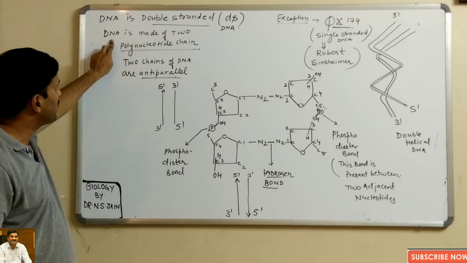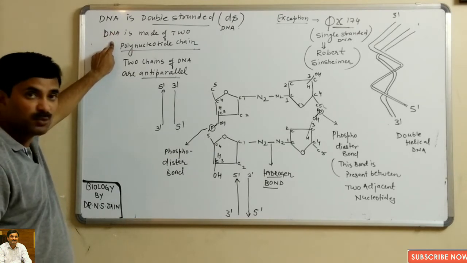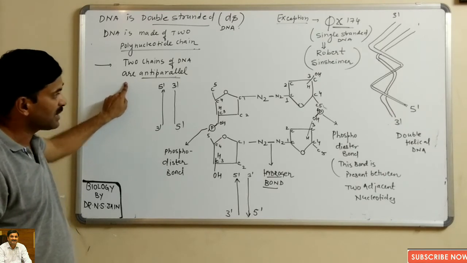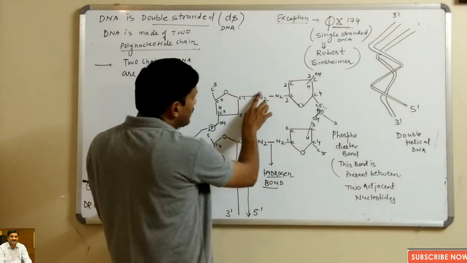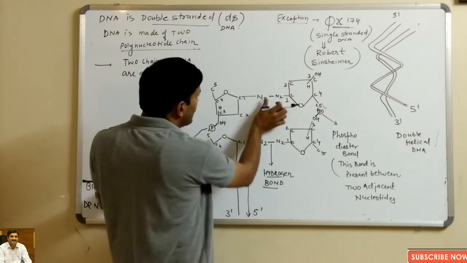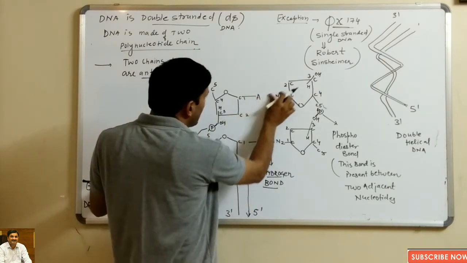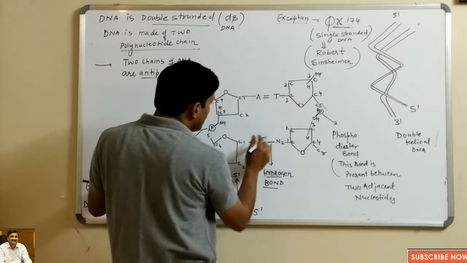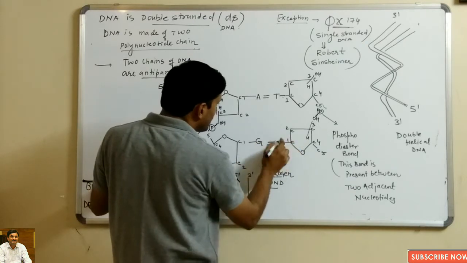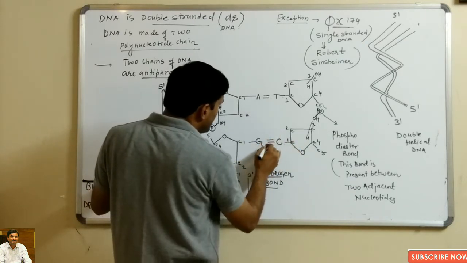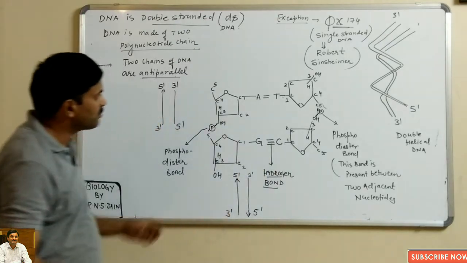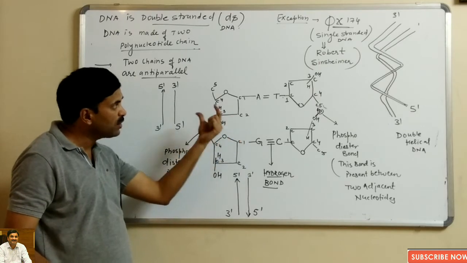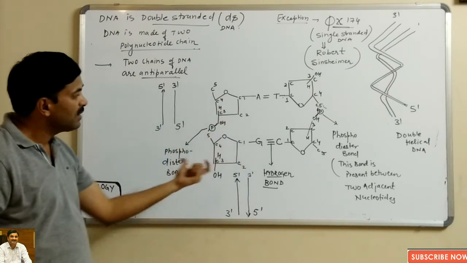So we have studied two properties. DNA is double stranded and it is made up of two polynucleotide chains, and the two chains of the DNA are antiparallel to each other, right? I can place nitrogen bases also here. Instead of the nitrogen base I can put here A, and here T. I can put here G, and here C. And these are what?